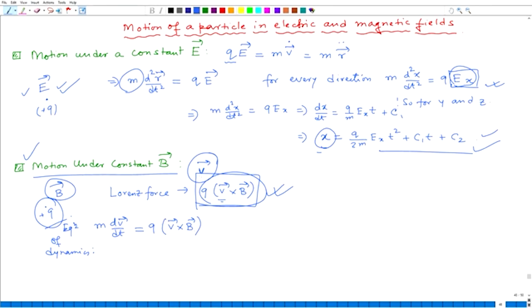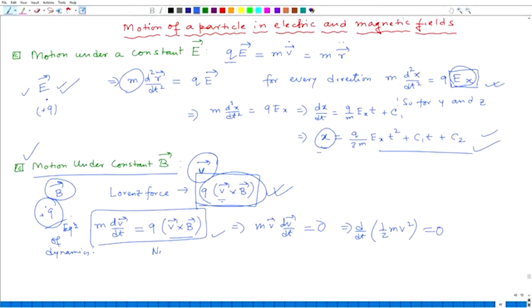Now, since I have this form, I have already said that this force will not change the kinetic energy of the particle. That means that if you do m v dot dv/dt, it is 0 because this is v cross B. So, v cross B dot v is 0, and that is why d/dt of half m v squared is 0, and that is why you can say that this type of force cannot change the kinetic energy.